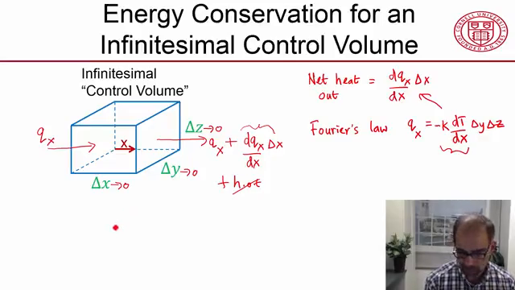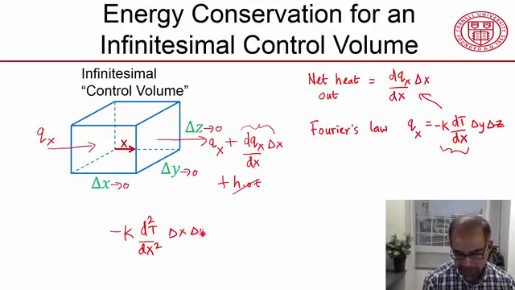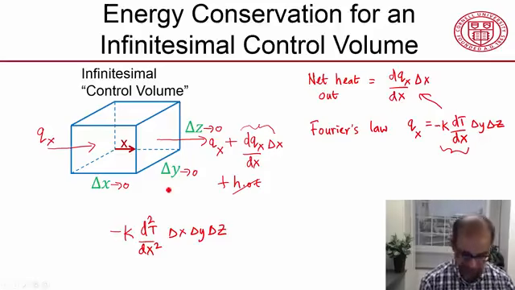You're going to get a term that looks like minus k d squared T dx squared, and then you have delta x from here and delta y and delta z from there. This represents a net heat flow through the faces.